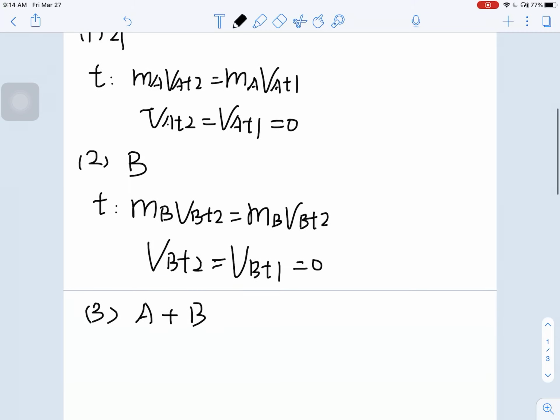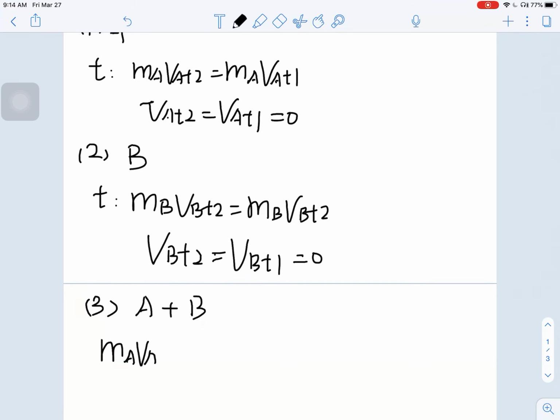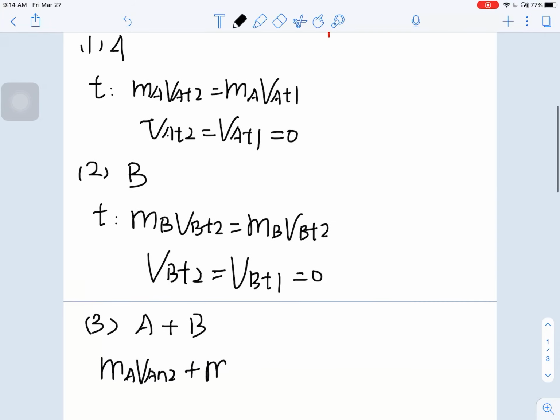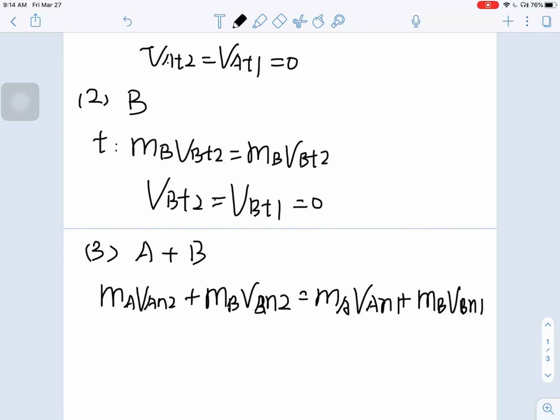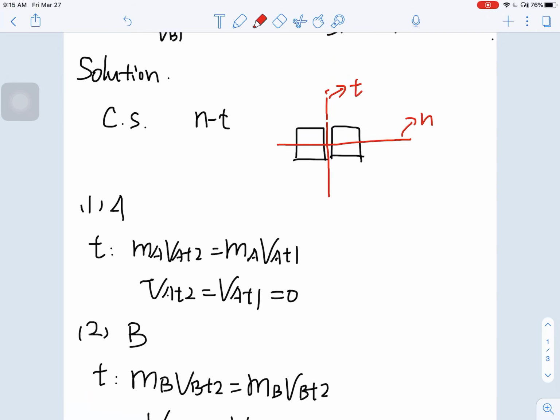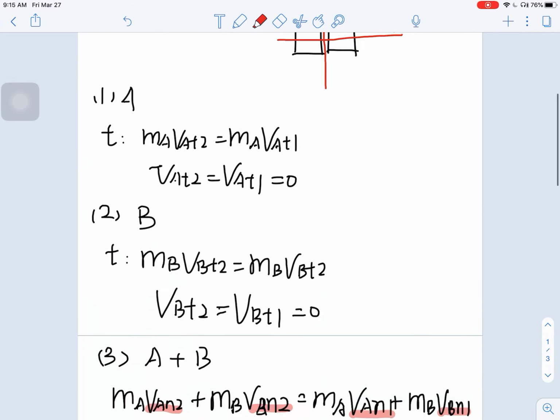So we can write MA VAn2 plus MB VBn2 equals MA VAn1 plus MB VBn1. Now, looking at all the velocities in this equation, they are all in the n direction, the direction of the motion.